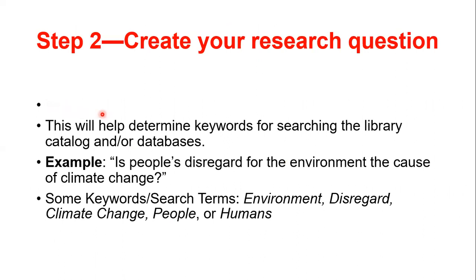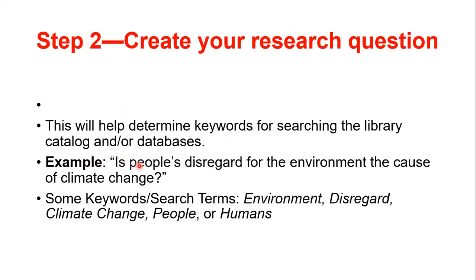Step 2, create your research questions. This will help determine keywords for searching the library catalogs or databases. Research question creating is one of the very technical things for writing a library research report, especially in social sciences.